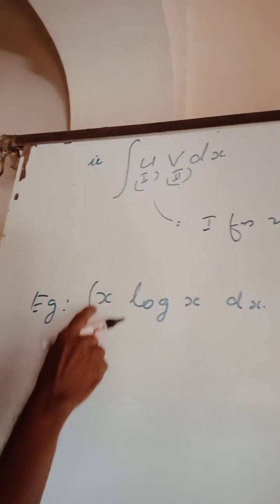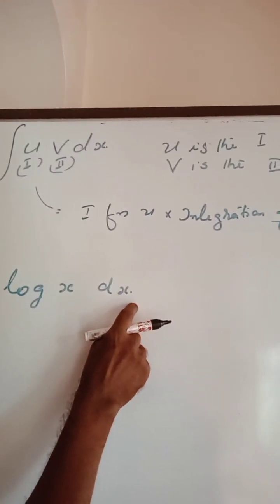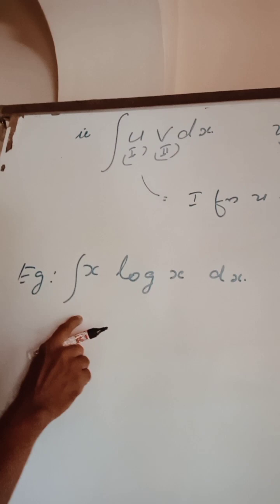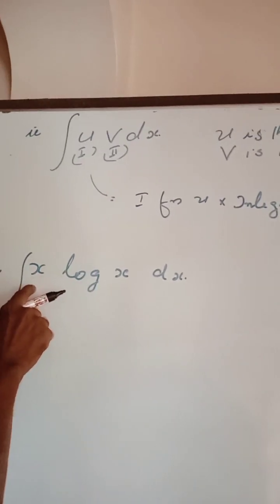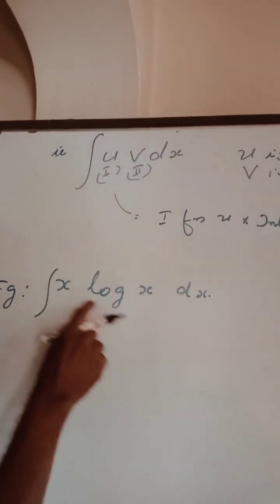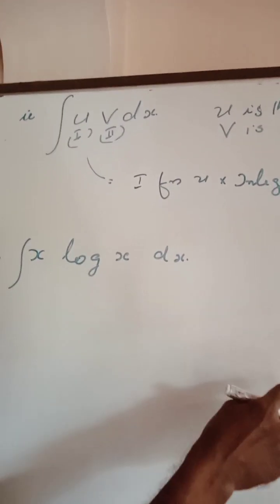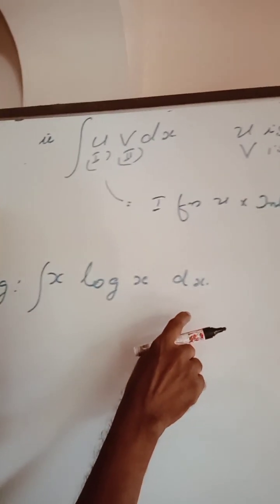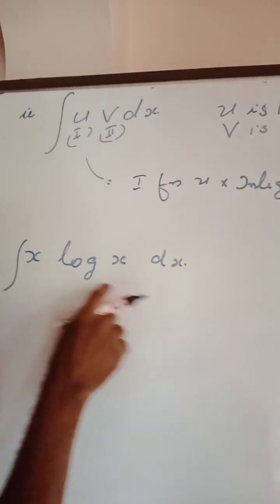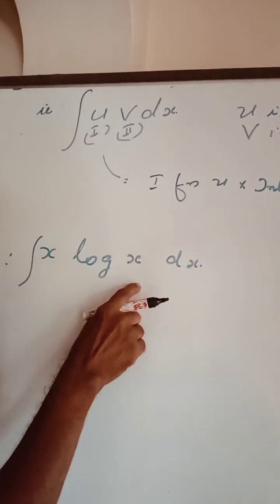Example, integration of x into log x dx. This is the product of two functions. First function is x, an algebraic function, and second function is log x, a logarithmic function. While going through this question, one is not the derivative of the other.